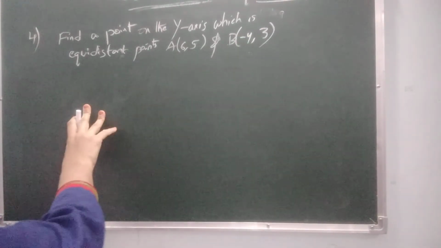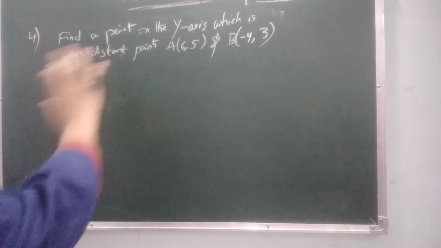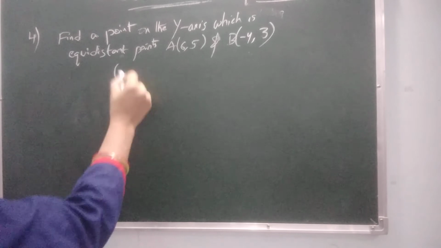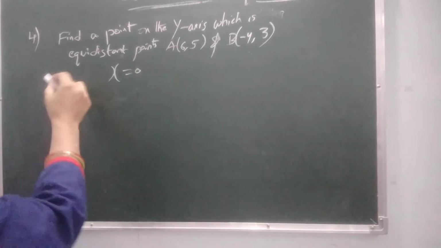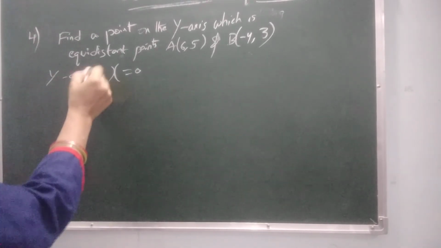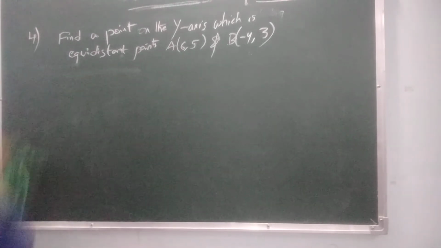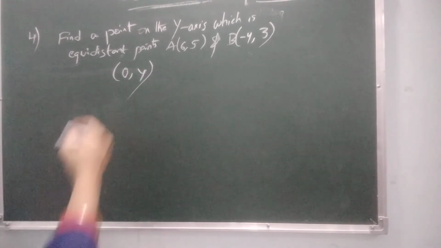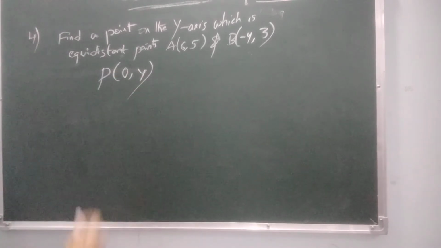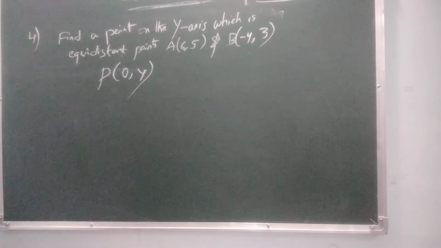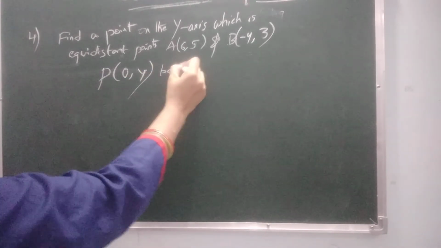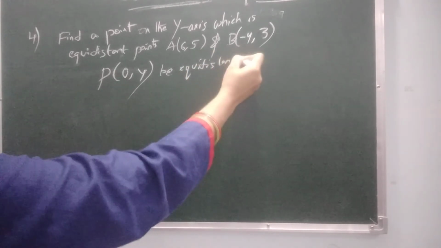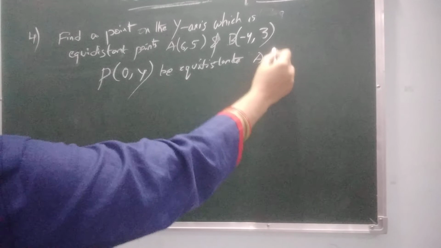We have to find a point on the y-axis. We know that for a point on the y-axis, x equals 0. So we take a point like this, 0, y. Let it be P, P of 0, y. P is equidistant from A and B.